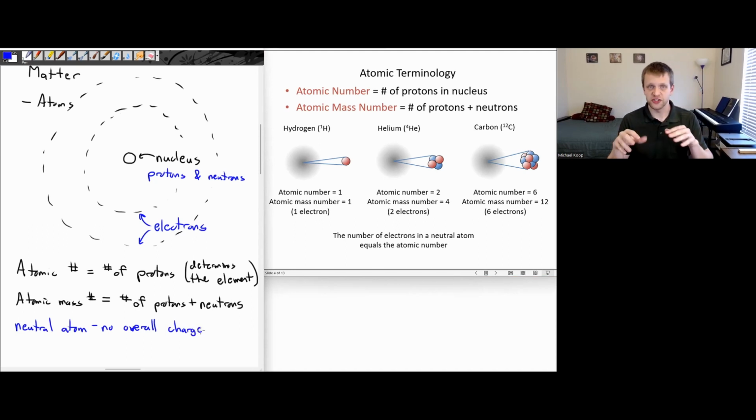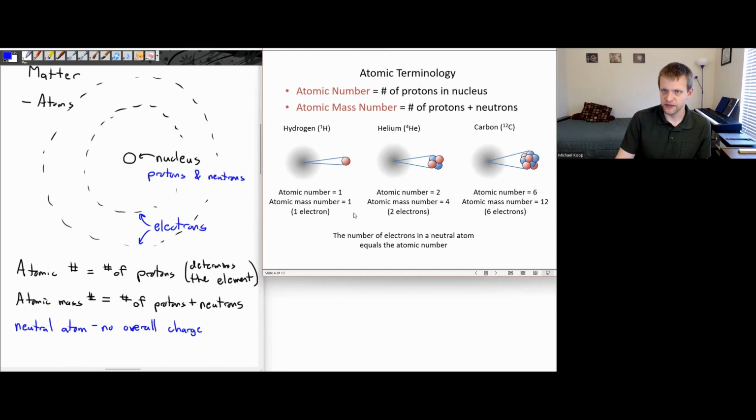So the overall charge has to be 0 in that case, which means we have to have the same number of positive charges, protons, as we have negative charges, electrons. The amounts of charge that they have are the same, but protons are positive, electrons are negative. So if I have the same number of protons and electrons, that atom will be neutral. So for example, helium, if it has 2 protons and it's electrically neutral, then it would have 2 electrons as well.